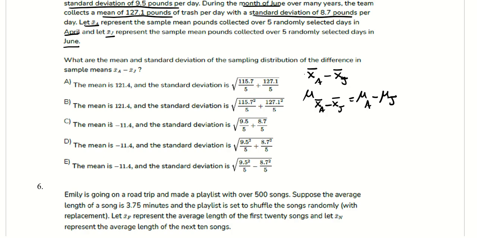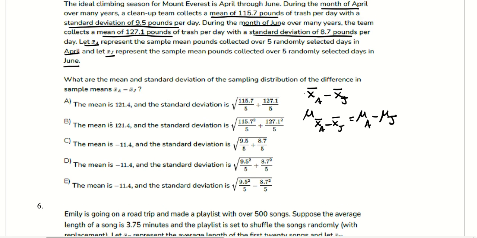So that means that we just have to subtract the two weights here. Okay, so we have to do 115.7 minus 127.1. Okay, that's going to give you a negative 11.4. Okay. So that means it's got to be either C, D, or E.